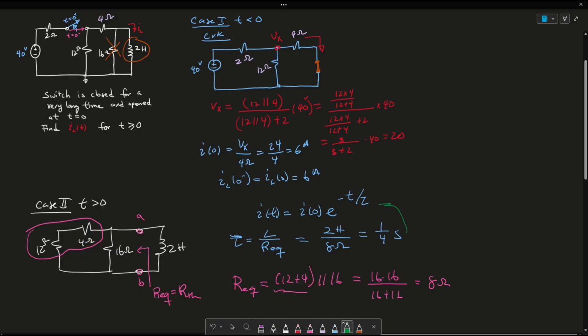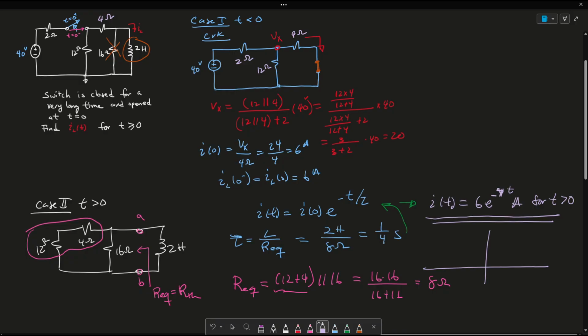Then, working backwards, we can solve for I of t. So I of t is equal to 6 e to the minus 4t amps, and this is for t greater than 0. Again, remember, this is a decaying function simply because it's e to the negative 4t. What it's telling us is that when we had our switch closed, we had a current here of 6 amps, and then it starts to decay as time goes on.